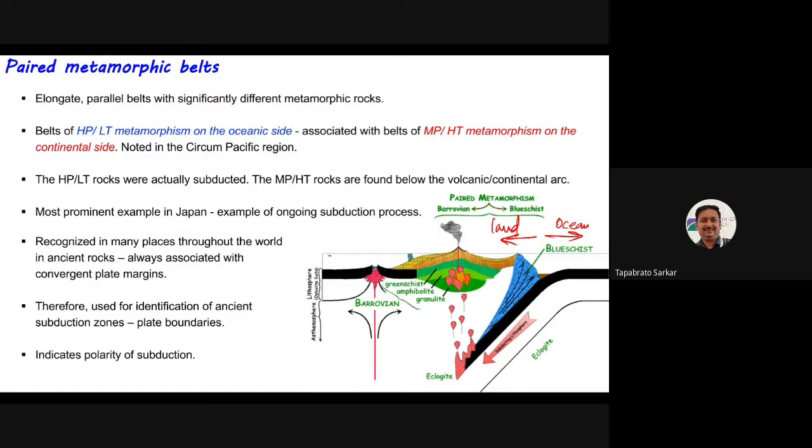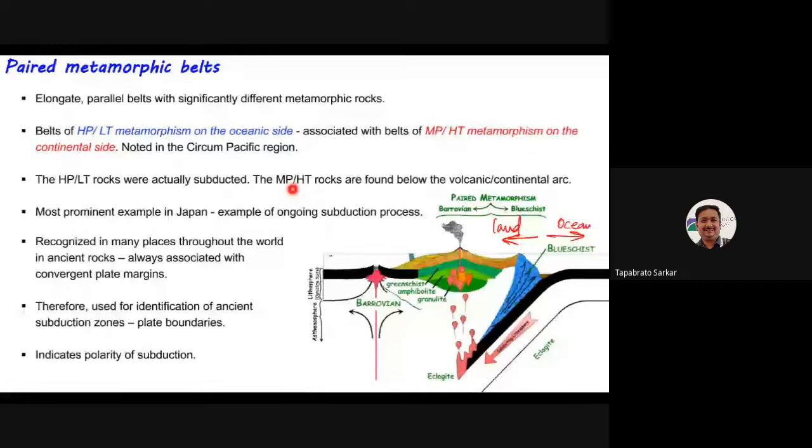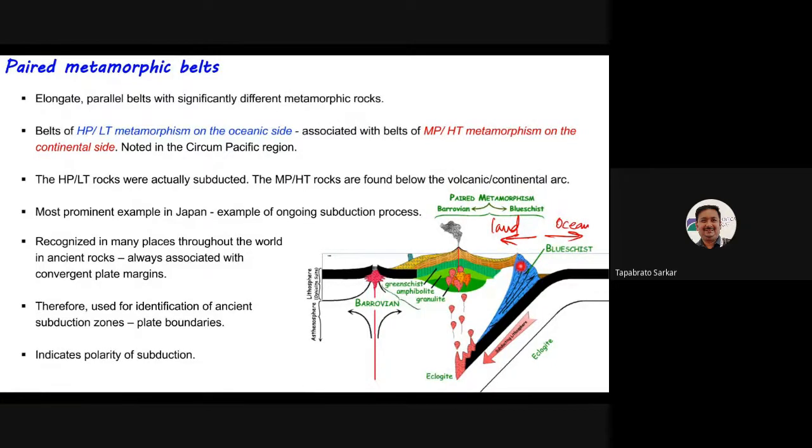So the high pressure, low temperature rocks, the blue schist species rocks, were actually subducted. The medium pressure, high temperature rocks are found above the volcanic or continental arc. So these are the subducted rocks; after subduction, they have come up to the surface due to tectonic processes. These are the rocks which are formed above the volcanic arc.